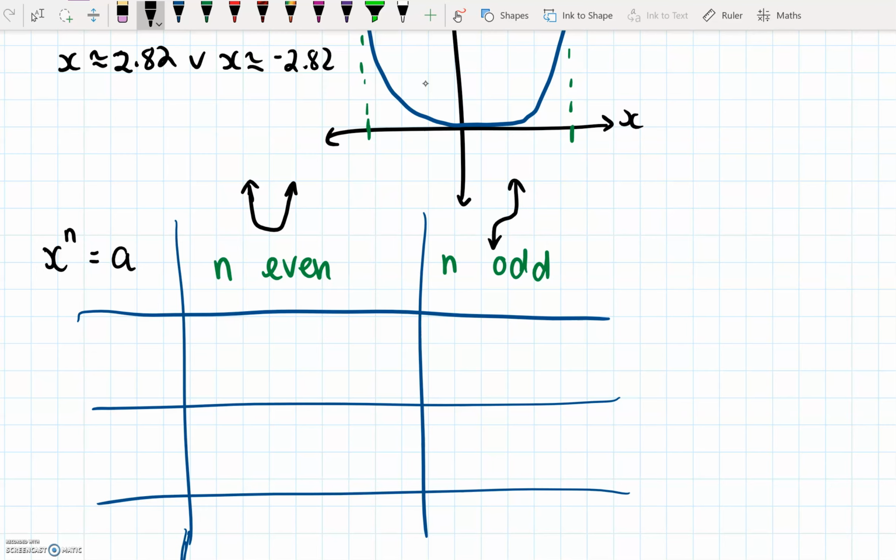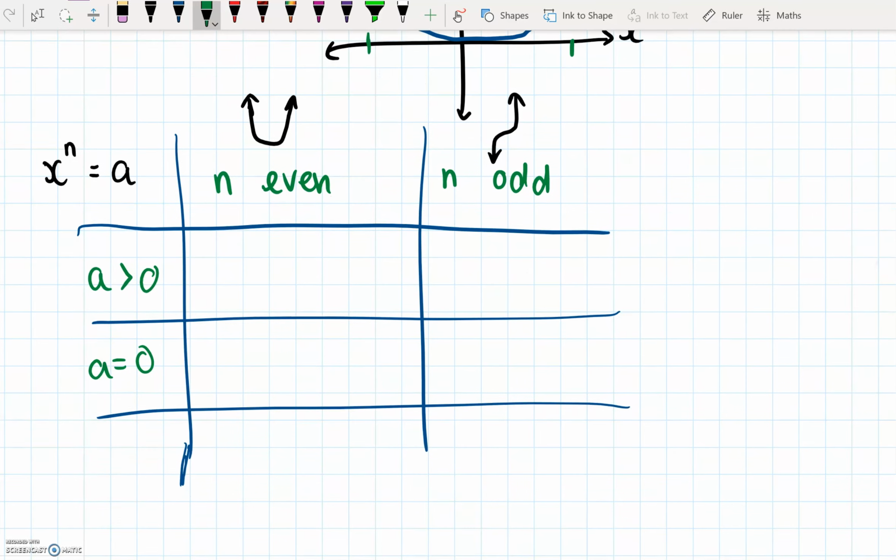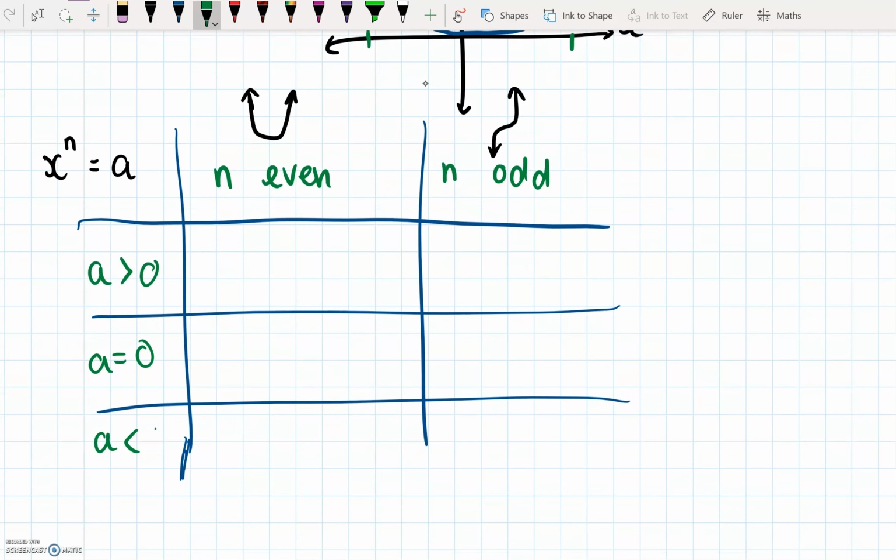Okay, we can have a is positive, so greater than 0. We can have a equals 0, and we can have a is negative.